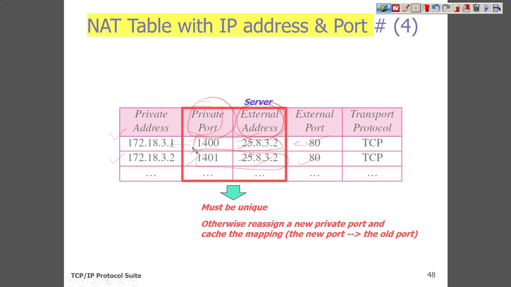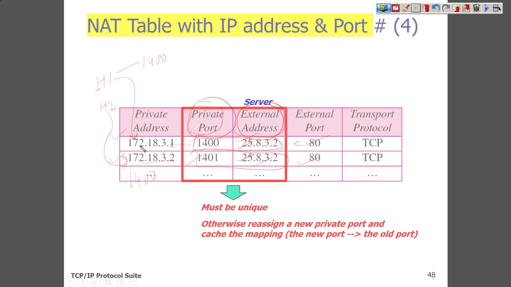Though there is no chance that you will be assigned the same port number for two different applications, let us assume there are two host machines, host 1 and host 2, and this is the IP for host 1 and this is the IP for host 2, and they have both been assigned port number 1400. So how is it going to be taken care of?